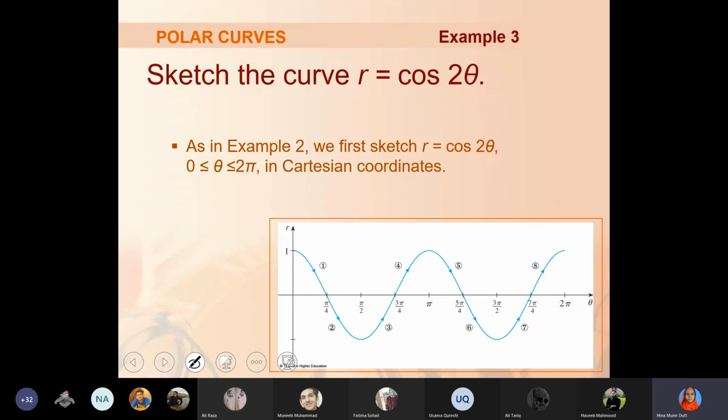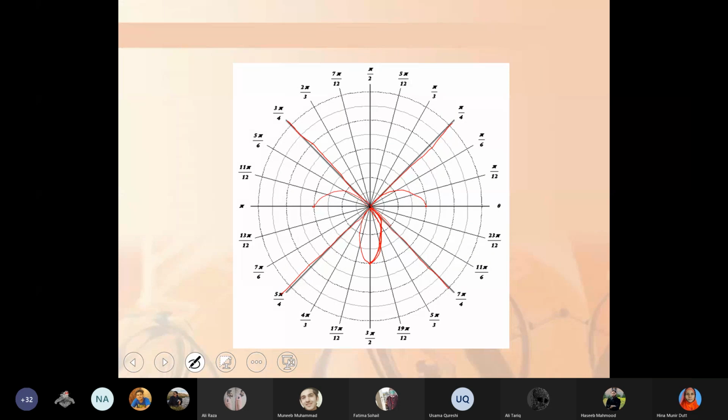From π to 5 π/4, it goes from 0 to 1. From π to 5 π/4, you will get this curve.